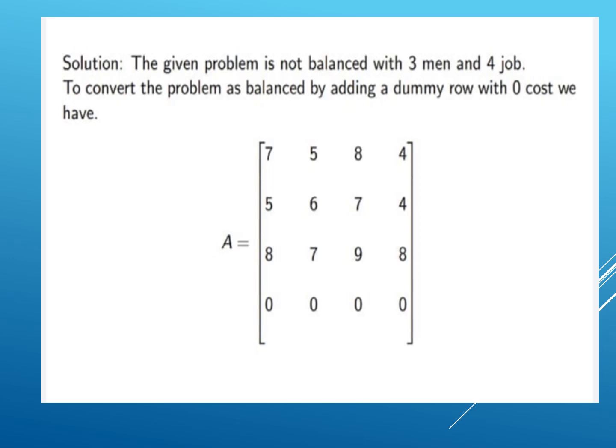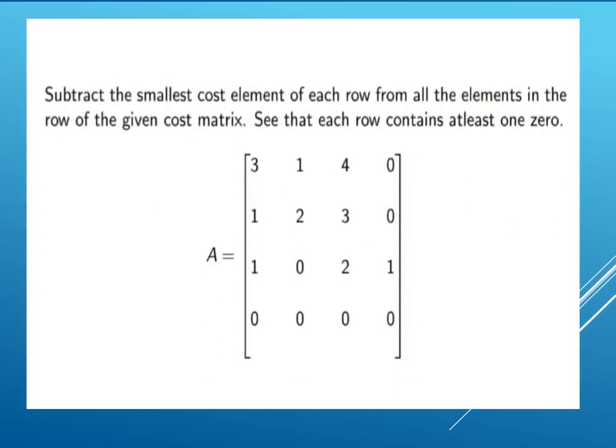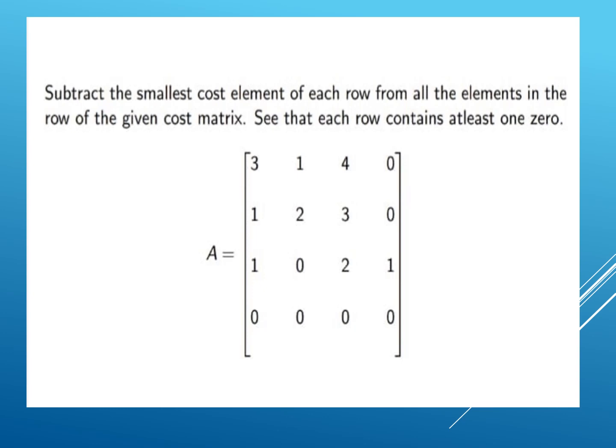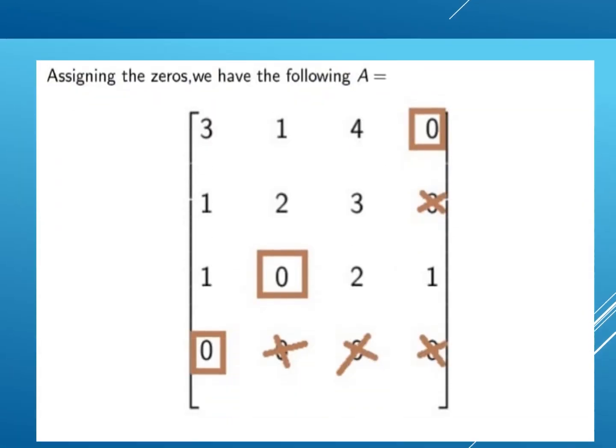To convert the problem as balanced by adding a dummy row with zero cost, we have the following table. Next, subtract the smallest cost element of each row from all the elements in the row of the given cost matrix. Each row contains at least one zero.